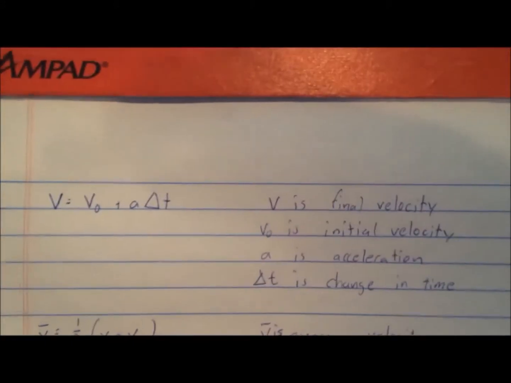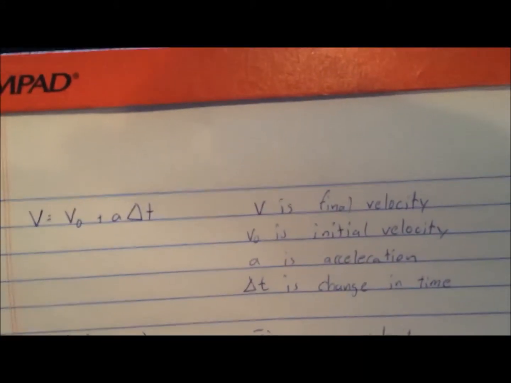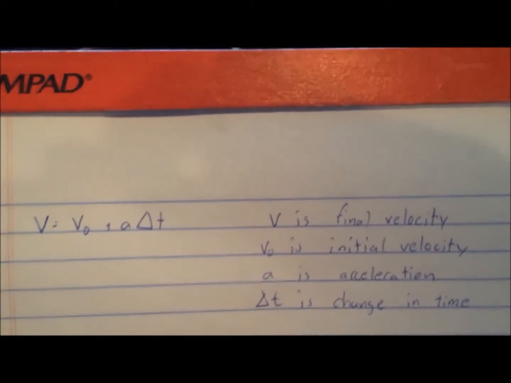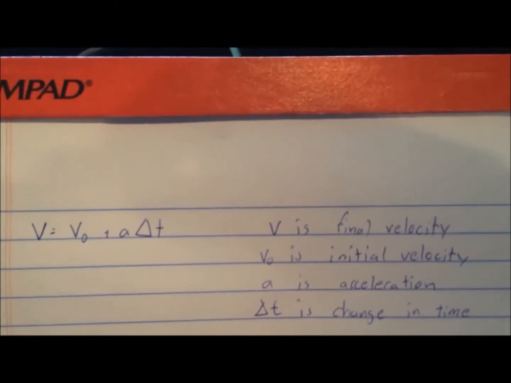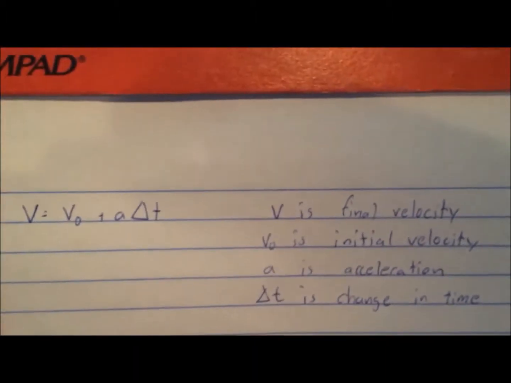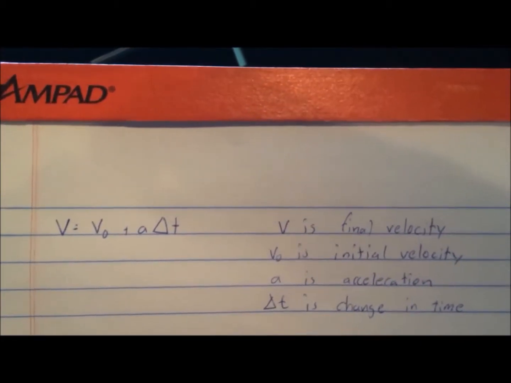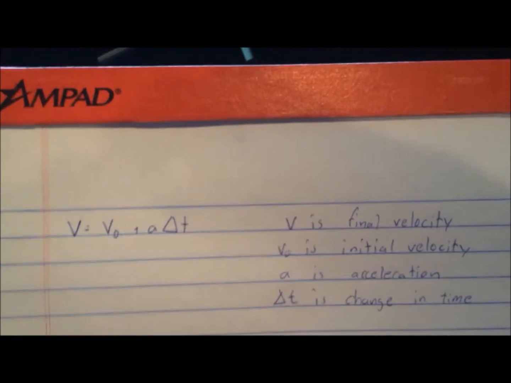Everybody, so here are my brief notes on the information that we will be learning today in the field. So right here we have our first equation, and I've written down on this side, better way to see what's happening. So this is our very simple velocity equation. So we have v is the velocity, which is your final velocity, which you're at the end of whichever time frame you're looking at, that is a velocity that you're looking for.